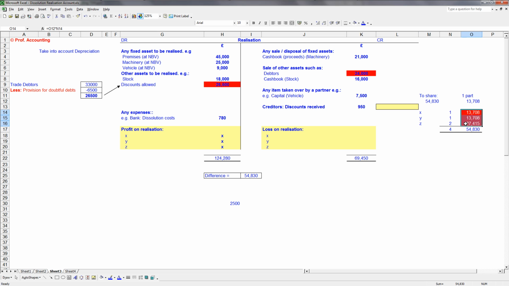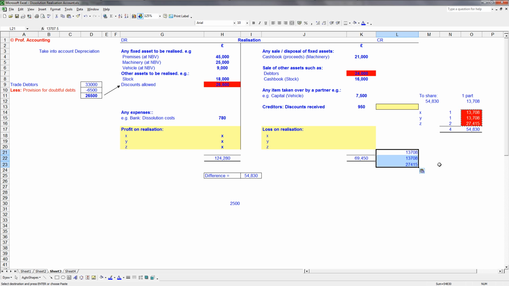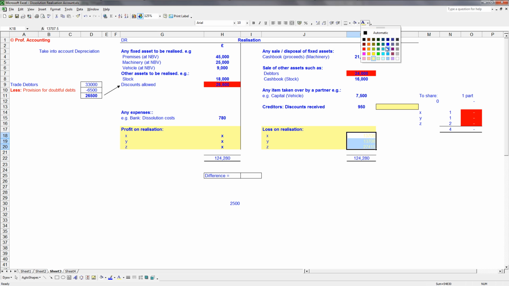Then you notice by adding those values, the totals agree, and they should agree. No balance c/d, no balance b/d, but they agree. So that means you've now ascertained that it's a loss on realization, and you state that with the capital names of the partners. You wouldn't need to write the profit on realization on the debit side. You would only have one on either side. You would never have a profit on realization as well as a loss on realization. So only write what you need.